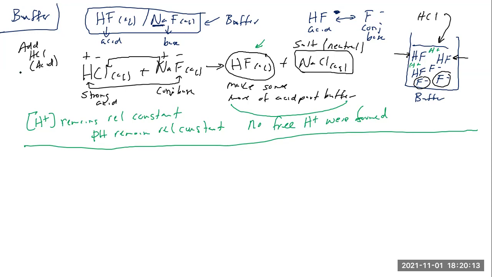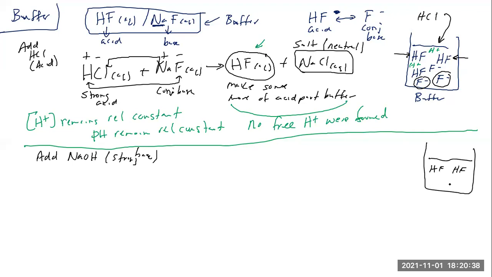So what happens if we add the base to this buffer? Well, if we add the base to the buffer, we'll add the same one we did over there, which was sodium hydroxide, which is obviously a strong base. So if we added this to the same buffer over here, we have HFs floating around.